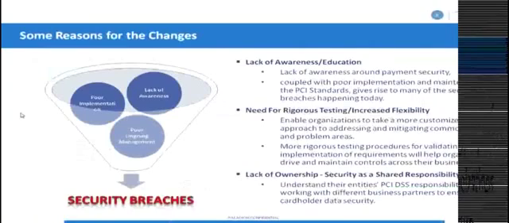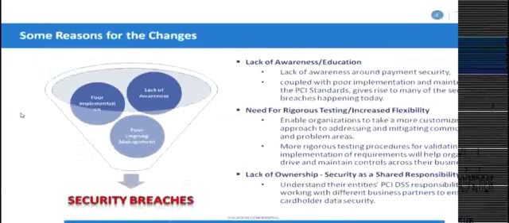All right, so like I had shared before, again just trying to look at the reasons for these changes, and trying to put them under these headings that you see here: lack of awareness, education. One of the aspects that the Council has been trying to push across is with regard to the awareness levels of be it the merchants or the service providers.